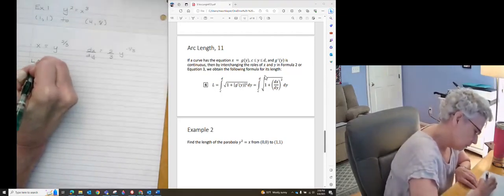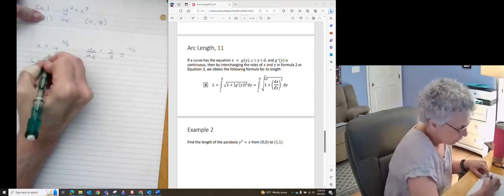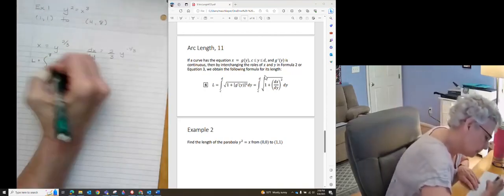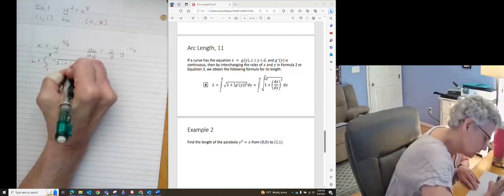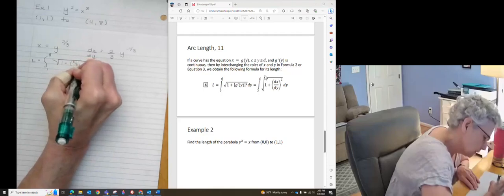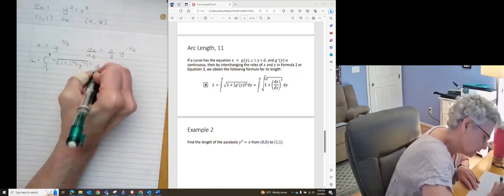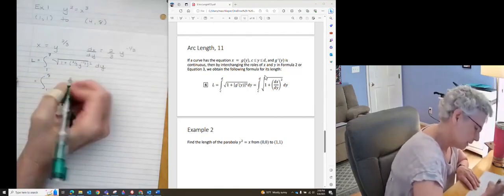So the length would be equal to the integral from y equals 1 to y equals 8 this time, square root of 1 plus 2/3 y to the negative 1/3 squared dy, which we're going from 1 to 8.